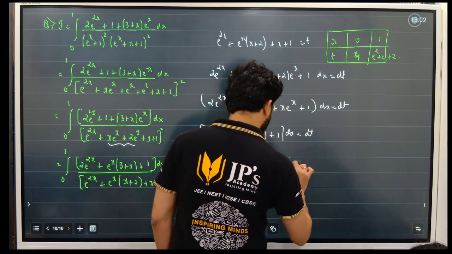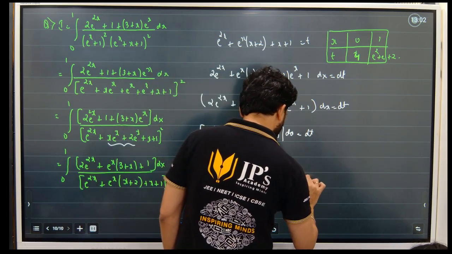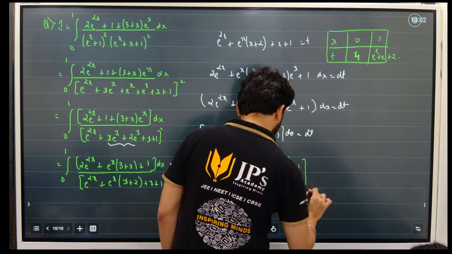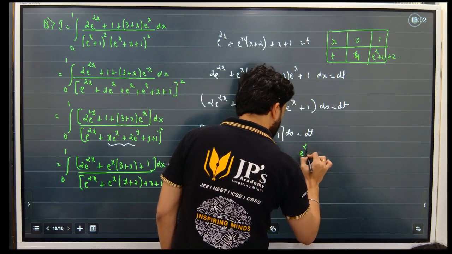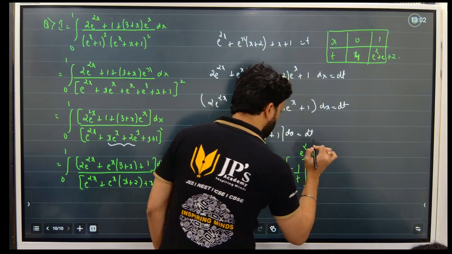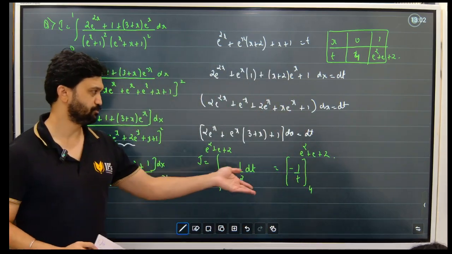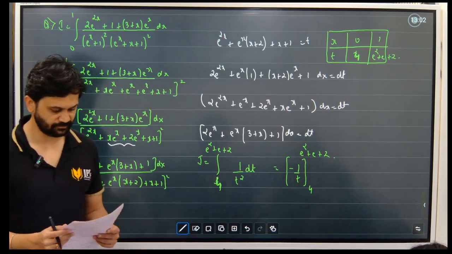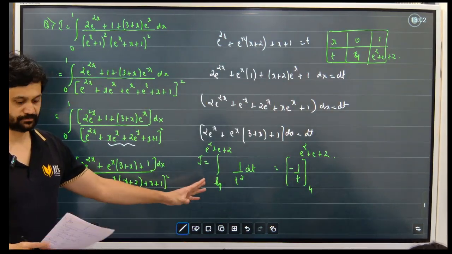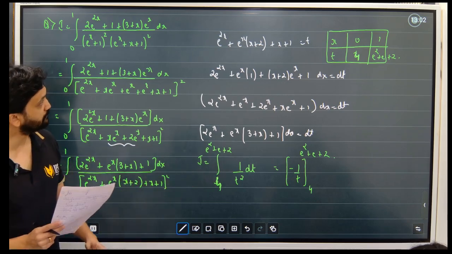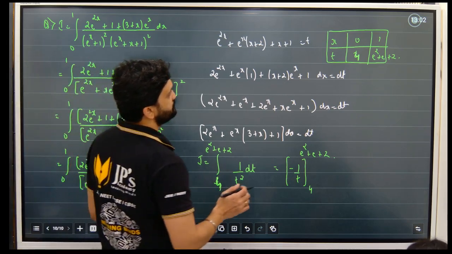So my answer will become minus 1 by t from 4 to e square plus e plus 2. Now just substitute the value and you will get the answer. Have you guys understood this? Anybody has any doubts? Check the limit once.